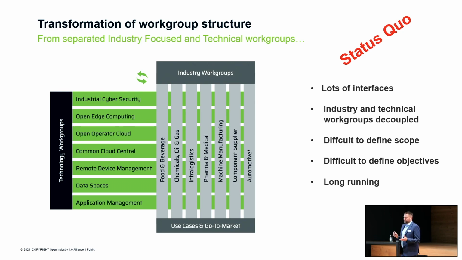We have some kind of decoupling between industry and technical work groups. We know it from our own experience. It's difficult to define scope and find near-term objectives, to have results within 1 year or 6 months. Everything is a bit long-running and undefined, also because of the reference architecture we had before.